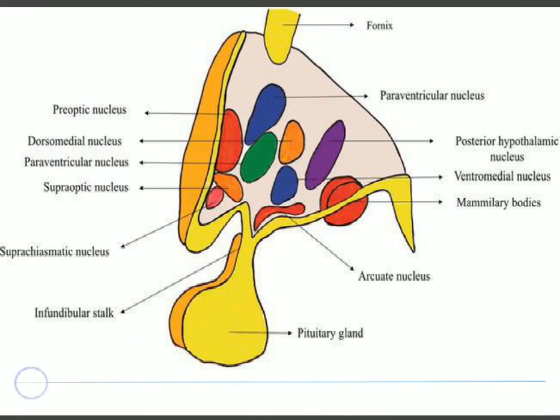This is the posterior nucleus and this is the mammillary nucleus. This is dorsomedial, ventromedial, and infundibular nucleus.